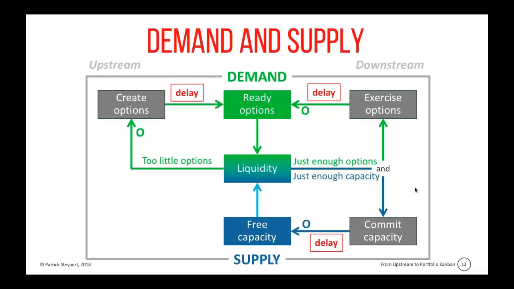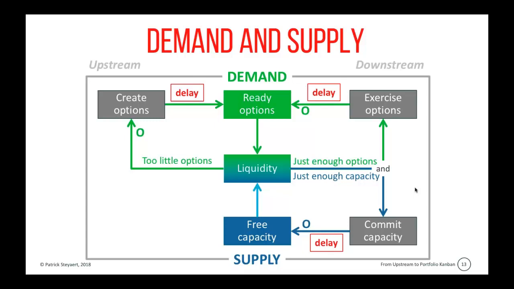Ideas need to be elaborated. We need to maybe talk with the customer or with users. There are internal hurdles that need to be jumped, so we need to pass all the selection hurdles. So creating options is not immediate.